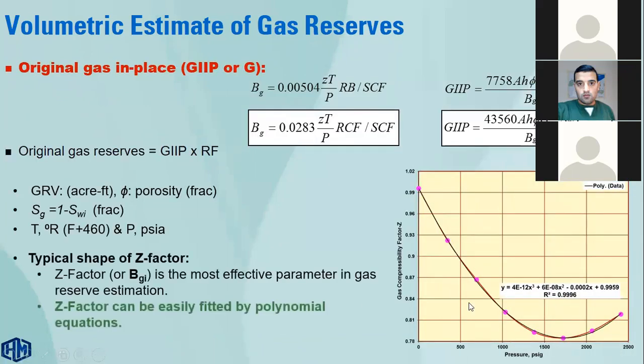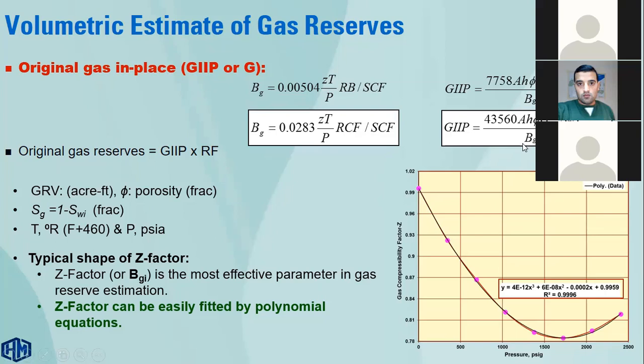Similarly, for gas reservoirs, we have a similar equation in stock tank barrels, while the widely used equation for gas reserve is this equation, gas initially in place, in units of standard cubic feet.